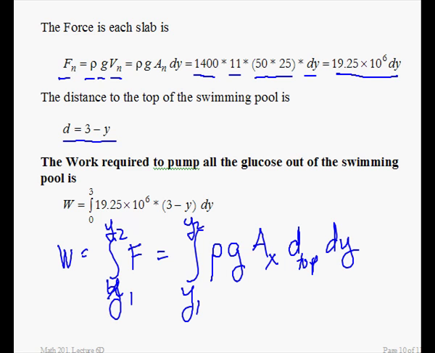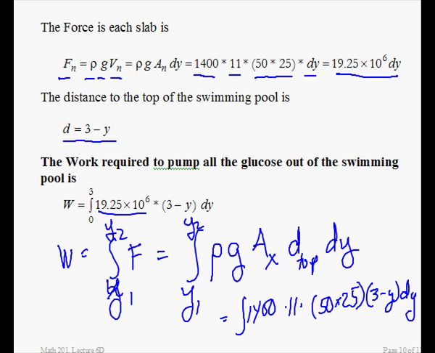And these are all the parts we're going to see here. So it would have been 1,400 times 11 times 50 times 25, which is that cross-sectional area. The distance to the top was 3 minus y, dy. Of course, it's all combined here except for that term.